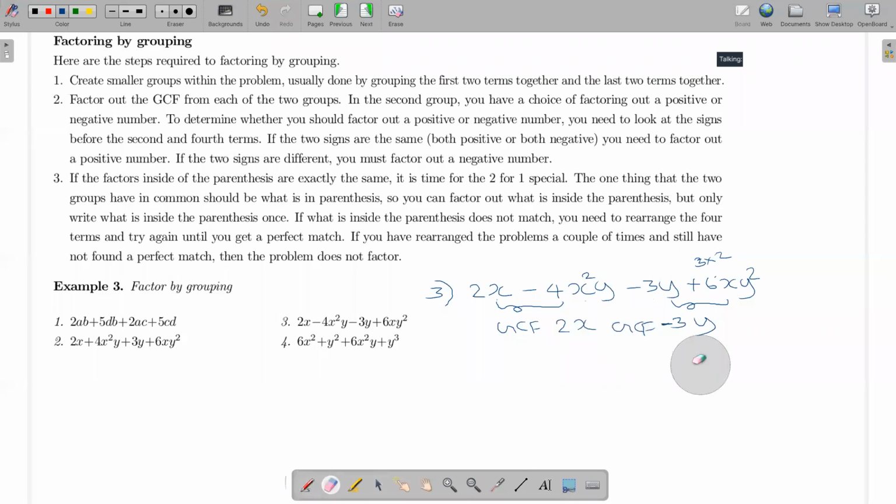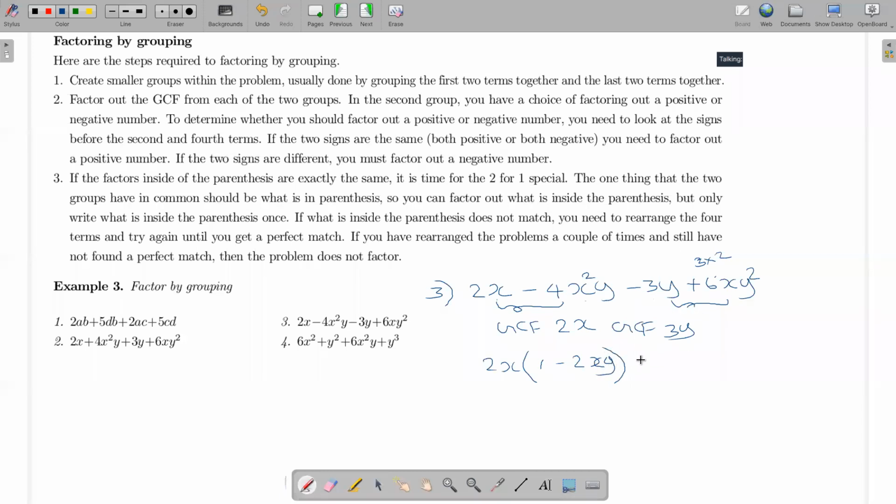But here now I look at this. I can pull the 2x out from the first two, and here I get 1 minus 2 left, and x and a y, no?